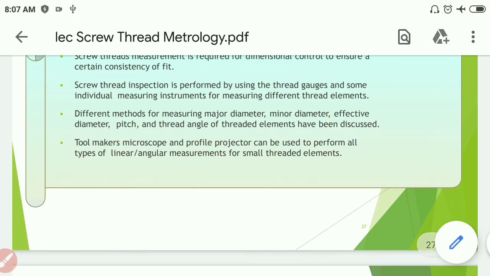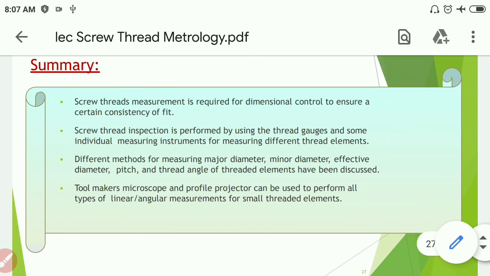This is the last slide of this topic, that is screw thread metrology. Screw thread measurement is required for dimensional control to ensure a certain consistency of the fit. So if measurement is not done, there is a probability of failure of the threads and there may be breaking of the threads.